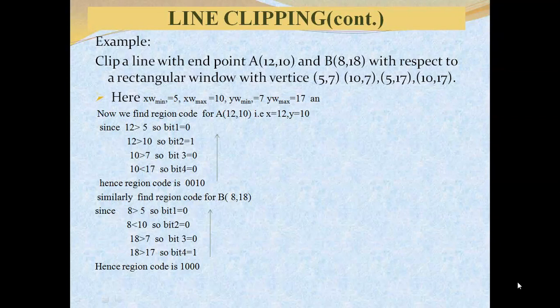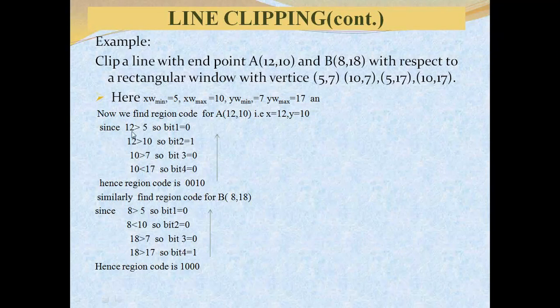Now we find the region code first for point A. A line always has two endpoints, one is A, another is B. Consider A as (12, 10), so x is 12, y is 10. According to the Cohen-Sutherland algorithm, we check x less than xw min, x greater than xw max, y less than yw min, and y greater than yw max, and after applying these conditions we set bit 1, bit 2, bit 3 and bit 4.